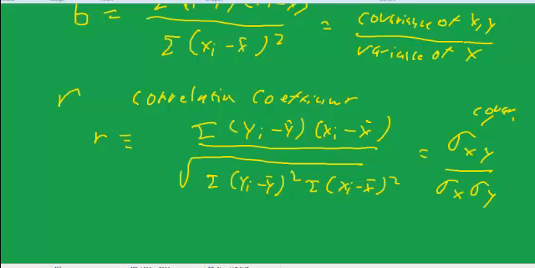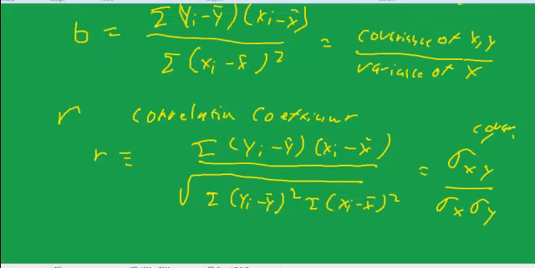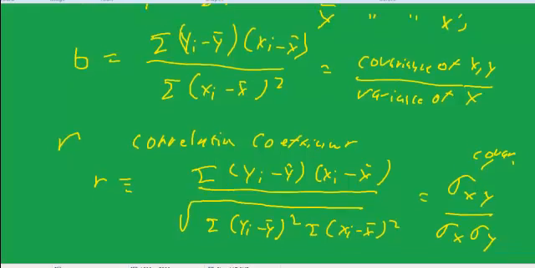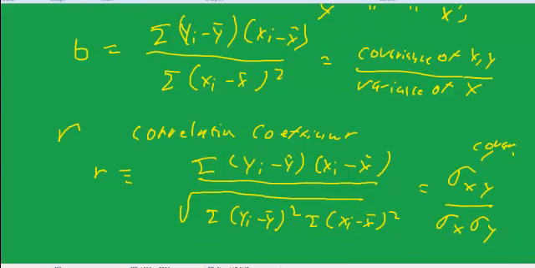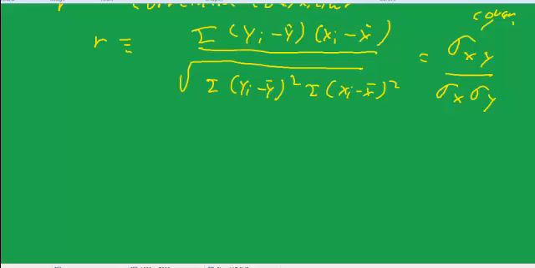So this is the one that is useful, and with B, you can see the relationship between B and R. I'm going to change those to Sxy over Sx Sy. Using S instead of sigma indicates I'm doing it with sample data as opposed to theoretical data.